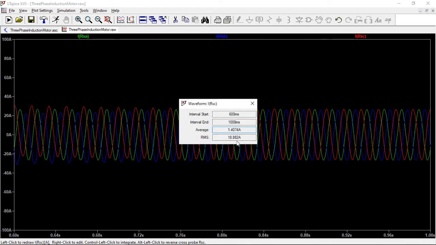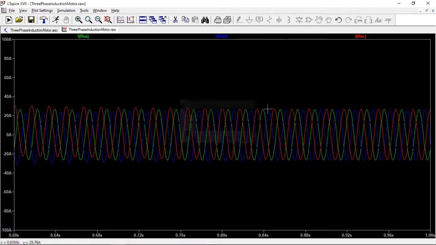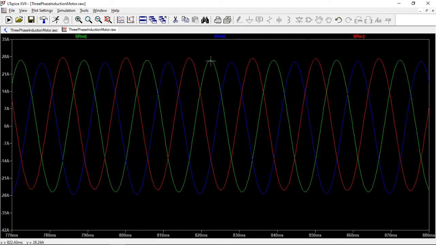Pretty close to what we saw before. So each one of these lines has an RMS value of that, but notice at any given time, because they're 120 out of phase, and with a little bit of slippage here, probably need to let it run, simulate a little bit longer, the actual current in any particular line is a little different because of the phase.